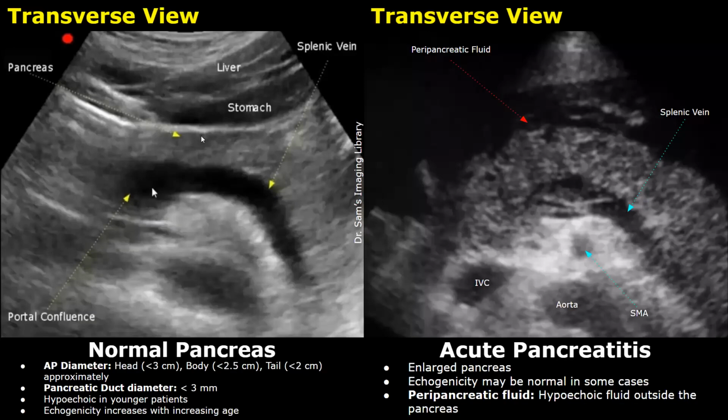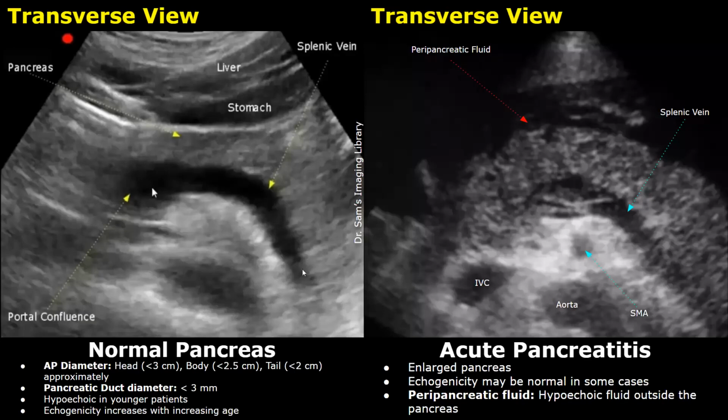The normal pancreas has a homogeneous echo texture. It is more hypoechoic in younger patients, and in older patients, it becomes hyperechoic. The echogenicity increases with increasing age. Behind the pancreas is the splenic vein.